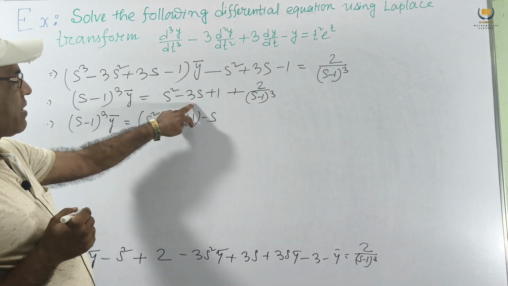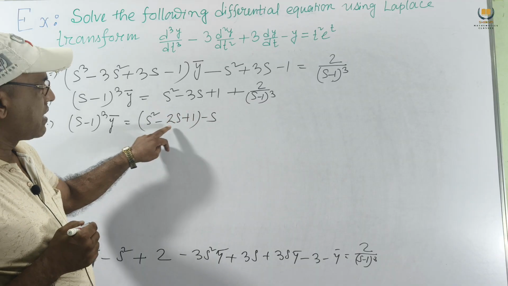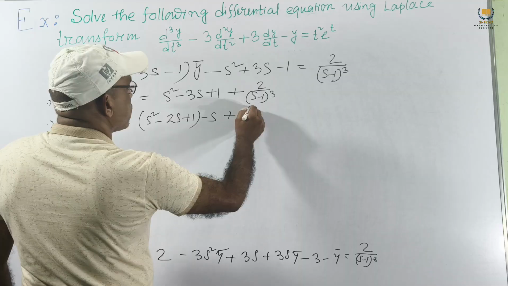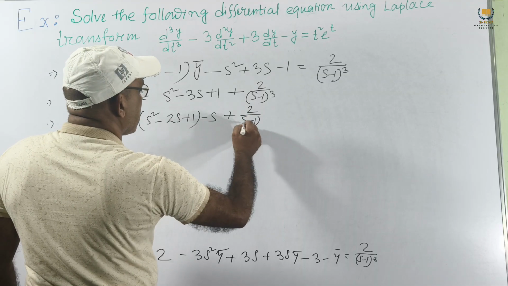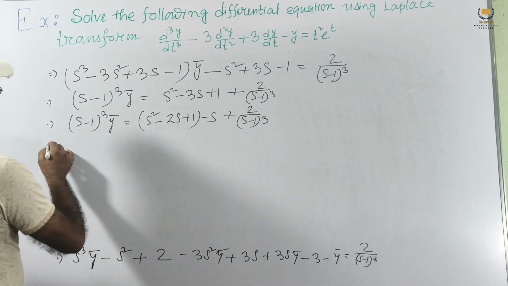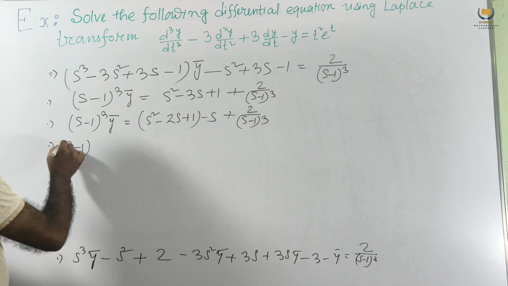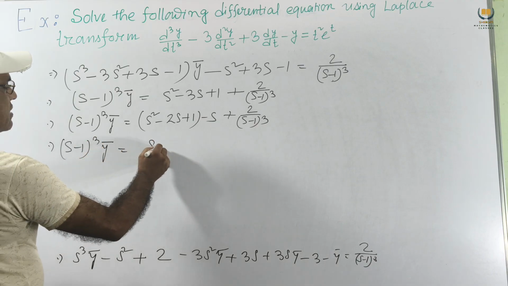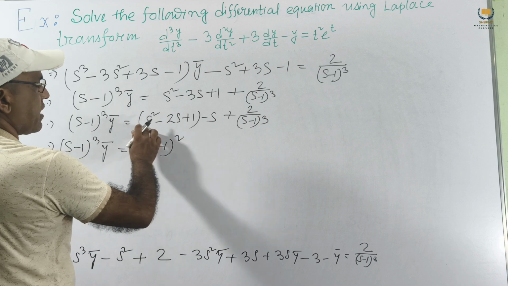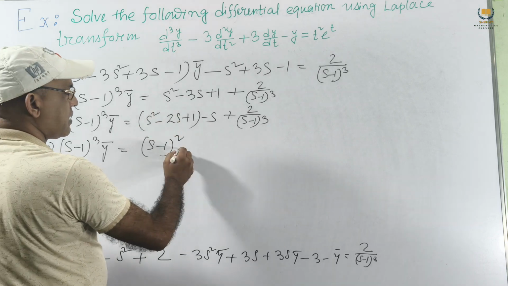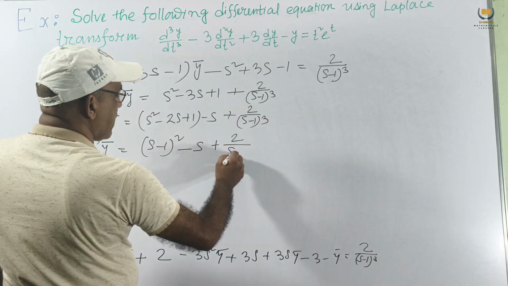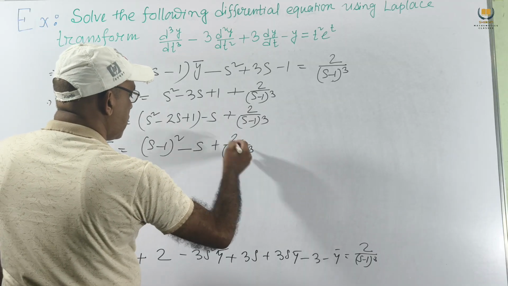Here 3s was given, I have written 2s and minus s, so you get 3s, and 2 by (s minus 1)³. This implies (s minus 1)³ ȳ equals (s minus 1)², a² minus 2ab plus b², minus s plus 2 by (s minus 1)³.